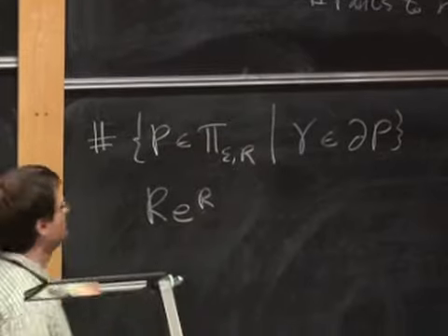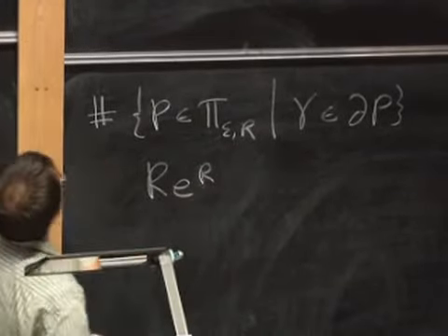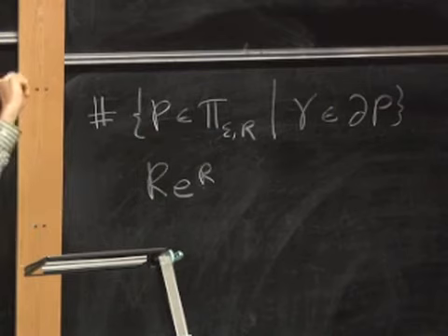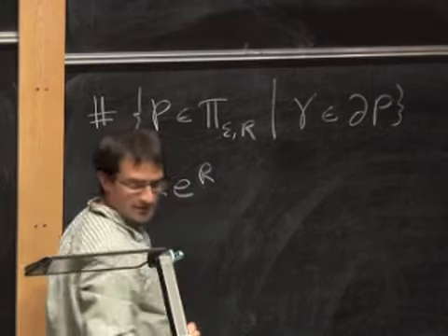It's about of the size e to the r, because I have some choice about where I choose these points for the third connection, and then I have about e to the r possible third connections. So the number of pants with a given geodesic as boundary is like r e to the r.